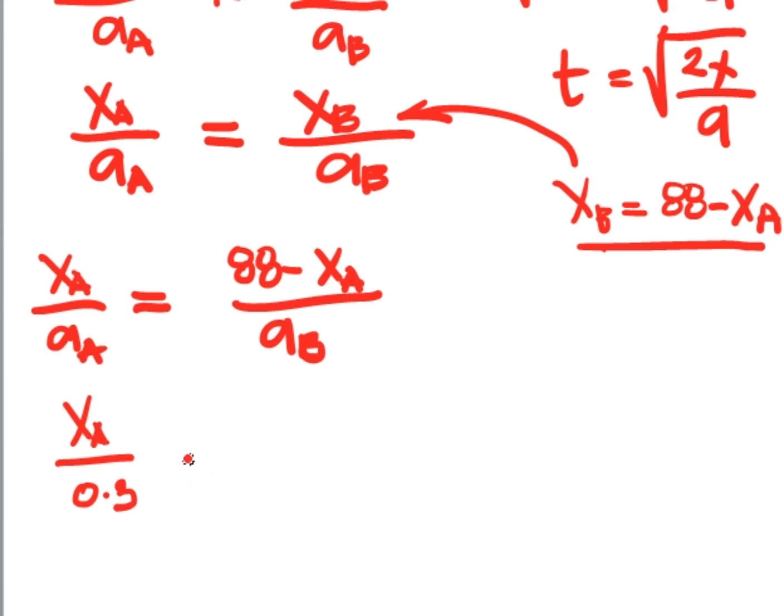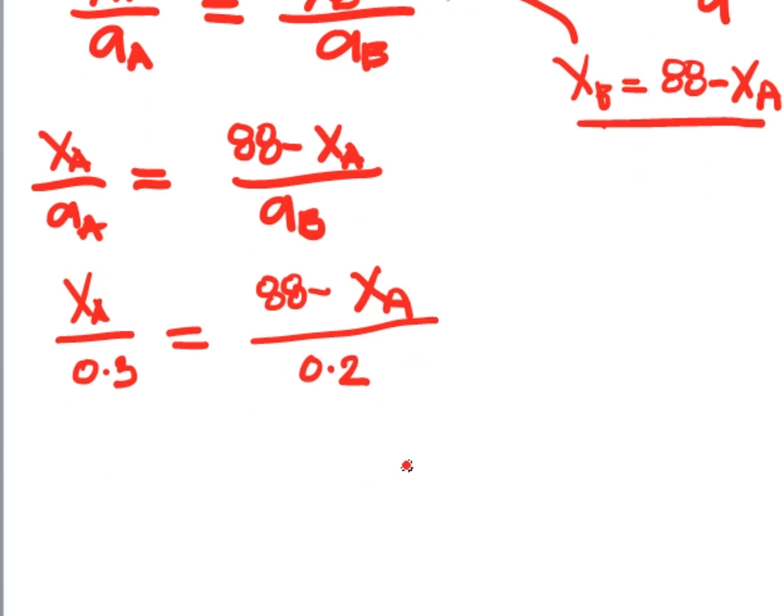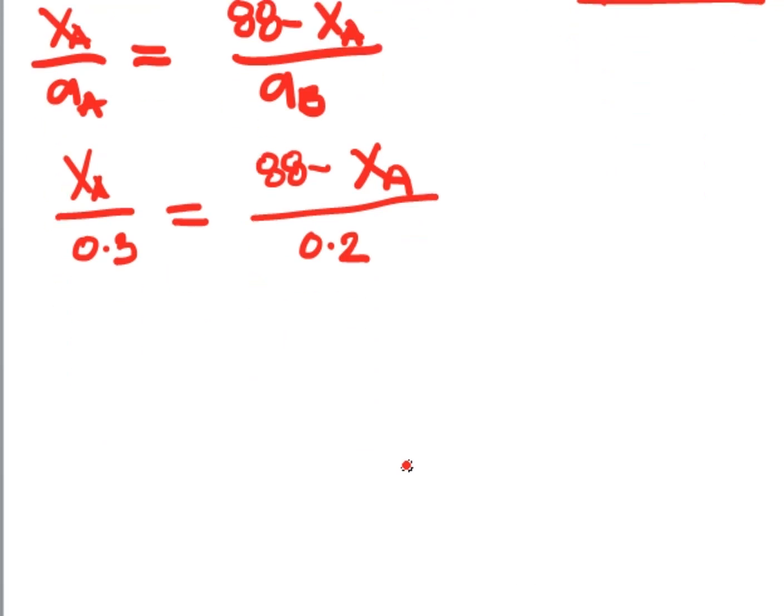We can already omit the units, it will just be cancelled later on, and x sub A over 0.3 becomes 88 minus x sub A all over the acceleration of car B, which is 0.2 meters per second squared.